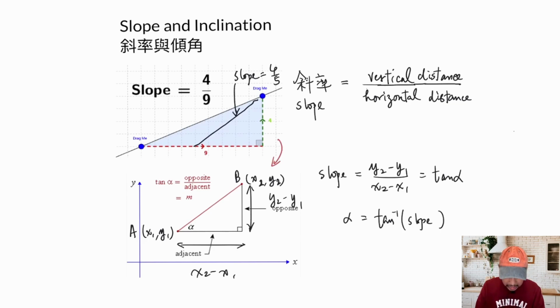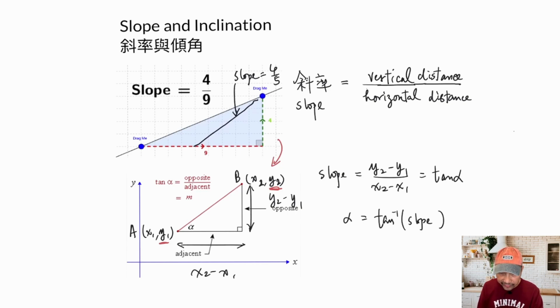Let's place the diagram on a coordinate plane and apply the definition of slope, which is the vertical distance divided by the horizontal distance. With the coordinates of the two endpoints A and B, we can see that the vertical distance is y2 minus y1, while the horizontal distance is x2 minus x1.